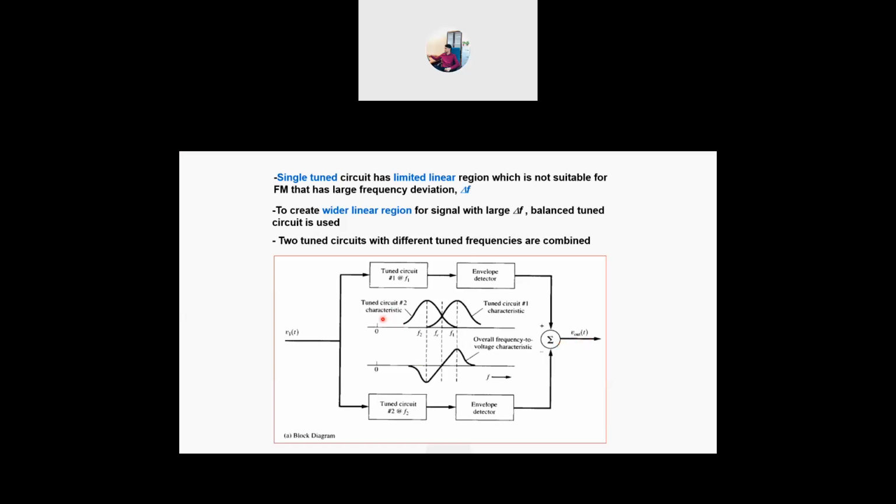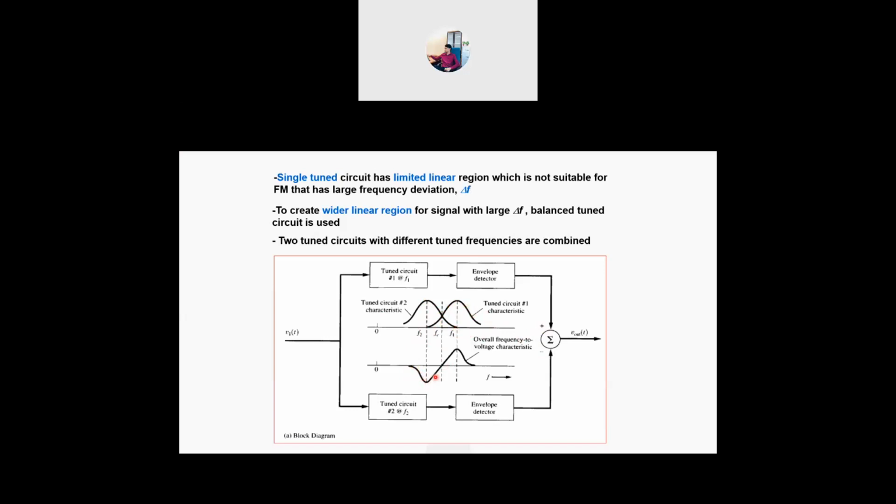If you see here, this is your tuned circuit at f2, tuned at the f2 frequency, which is this one. And this is your tuned circuit 1, which is tuned at f1. When we combine both of them, we see plus and minus here, so that's why you have this inverted, because this one is being subtracted.